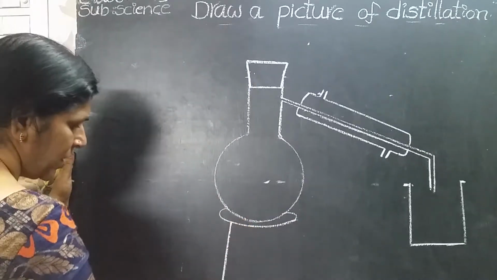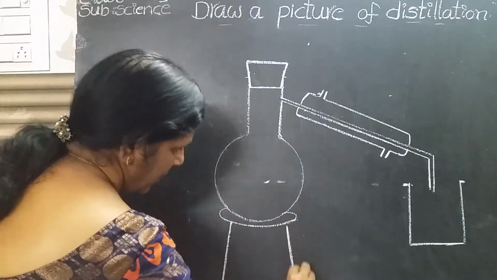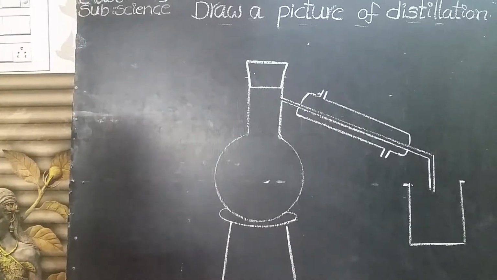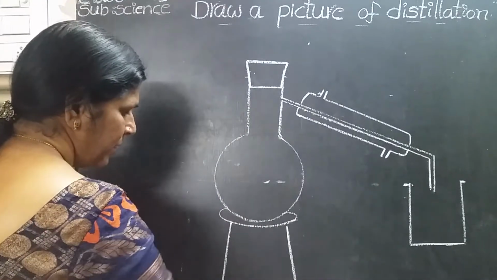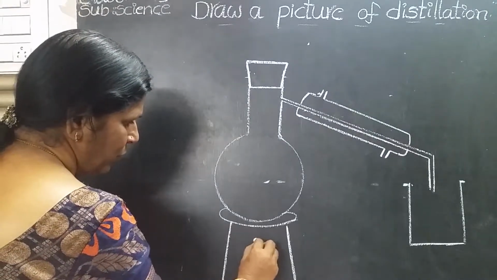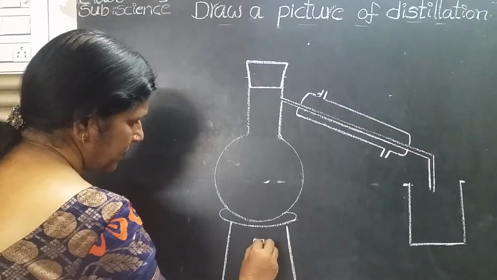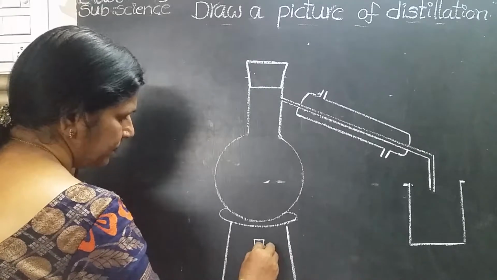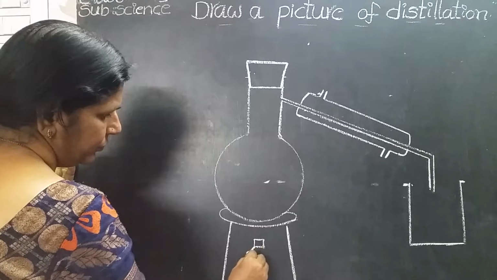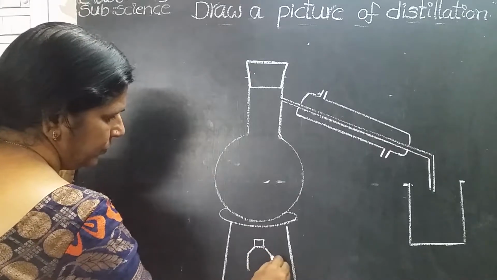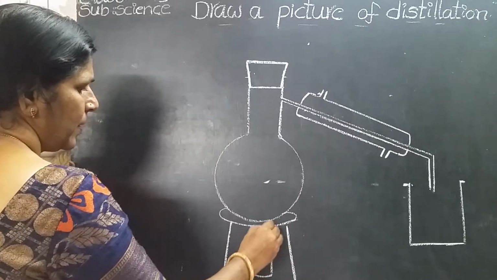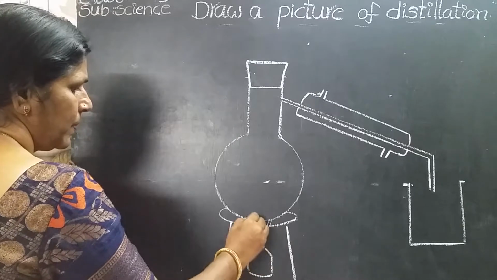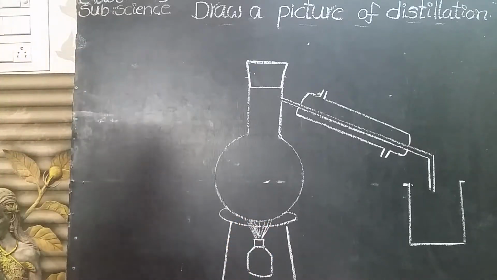Okay, draw one stand like this. Okay, here for heat supply we have to draw a spirit lamp. Okay, spirit lamp. For heat supply, okay, draw like that.